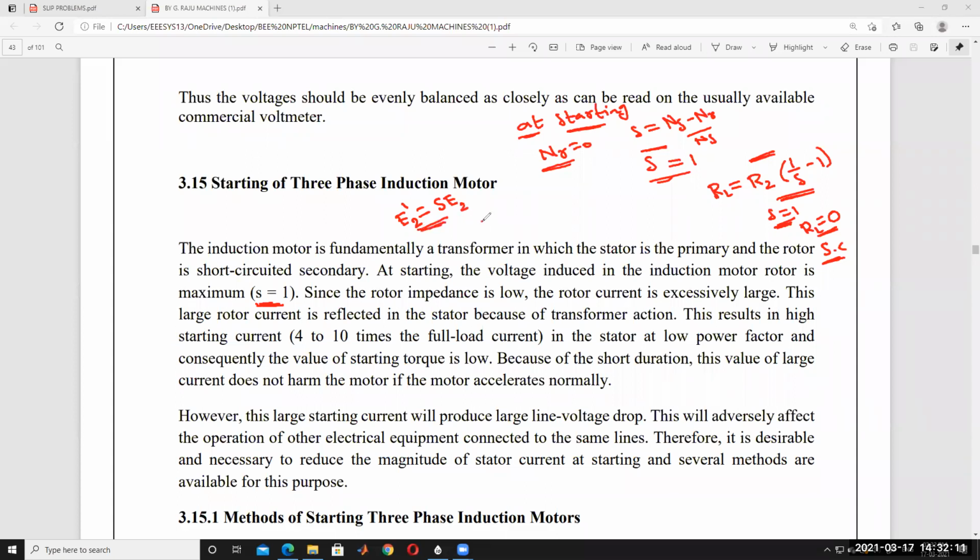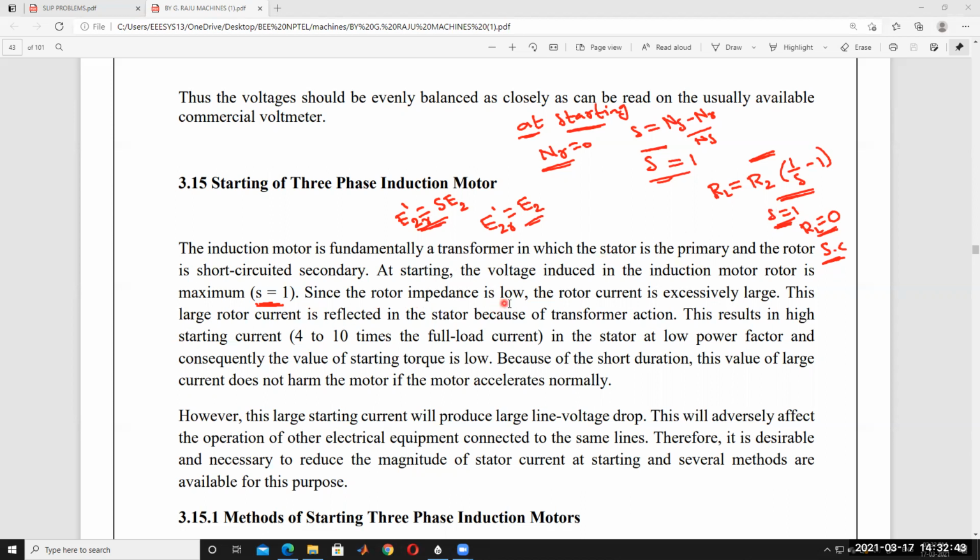So slip equal to 1 means the voltage induced in the rotor E2R is equal to E2. Am I right or not? So that's why the maximum voltage is induced at the time of starting. Since the rotor impedance is low at the time of starting, what is the impedance here? RL load resistance is 0. That's why it is a short circuit, and the impedance offered by the rotor is very low.